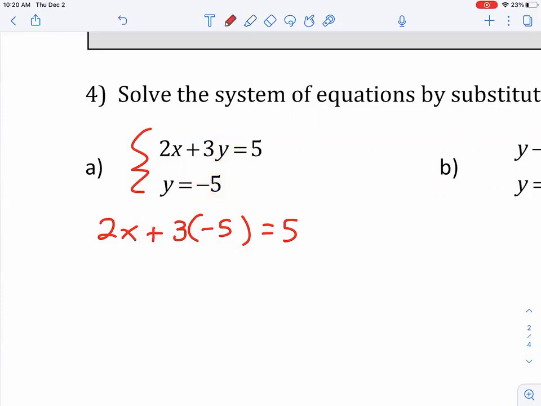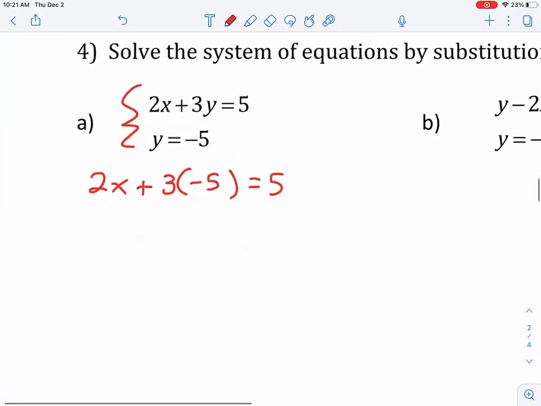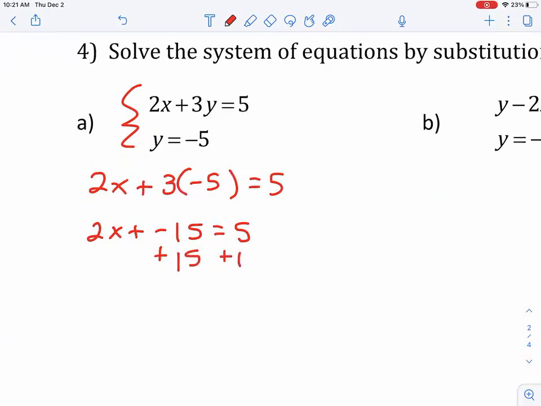And now I only have an x so that I can solve that for x. So if I multiply these two things, I get 2x. And 3 times -5 would be -15. Is equal to 5. And remember, I'm trying to solve it for x. I'm going to add 15 to both sides.